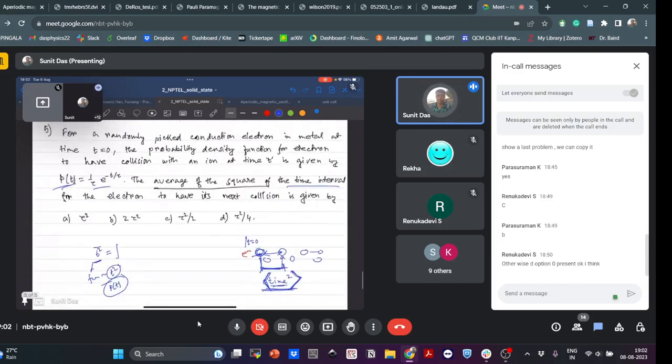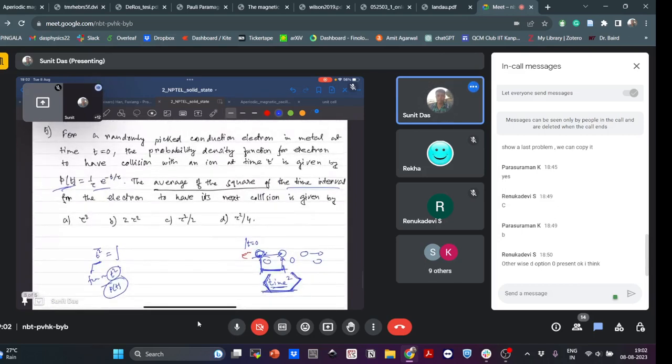So once again, let me briefly explain what is at our hand. There are billions of ions in a system, like a metal. Now randomly pick a conduction electron. Let's focus on this electron. Now this will basically have collisions with ions, right?